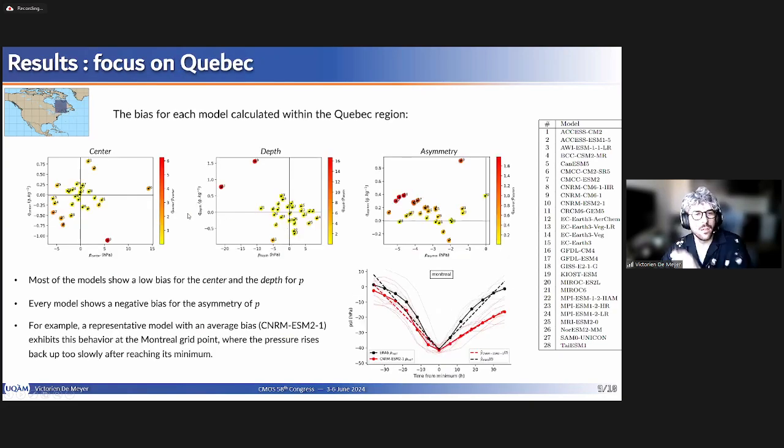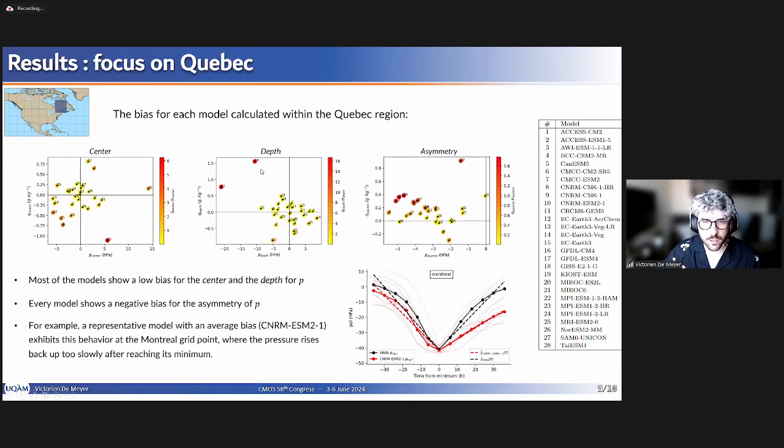And looking now into the Quebec region where we had those asymmetric storms, here I show the 3 parameters this time. What we can see on the 3 parameters, with the asymmetric one being the most important one, is that for the pressure anomaly on the x-axis, all the models seem to be pretty evenly distributed around the origin, okay?